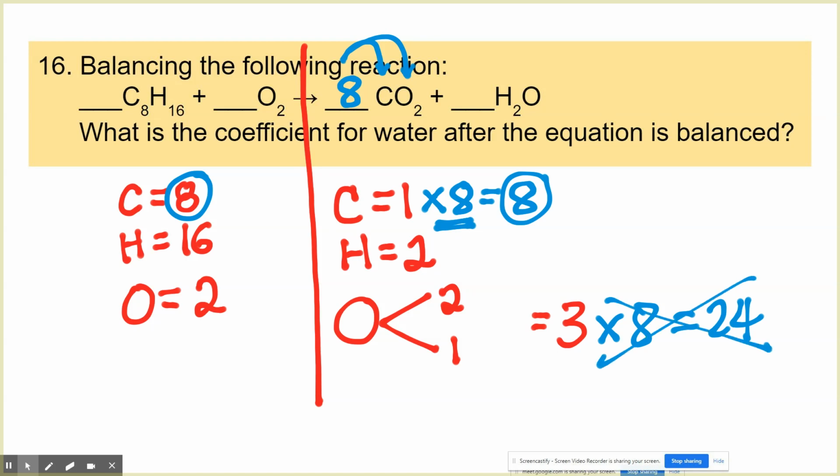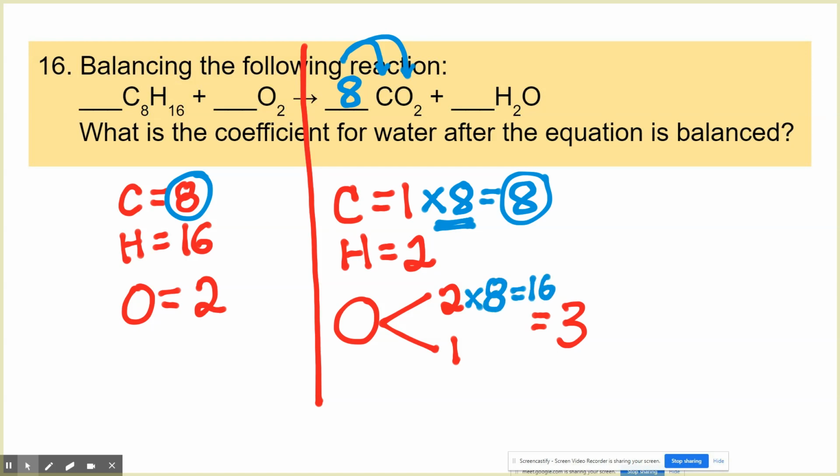That's wrong. Remember, look closely. O appears in two different places, and you only multiply one of the O's. So this O is the one that gets multiplied. So 2 times 8 is 16. 16 plus 1, the total now is 17. You see it?